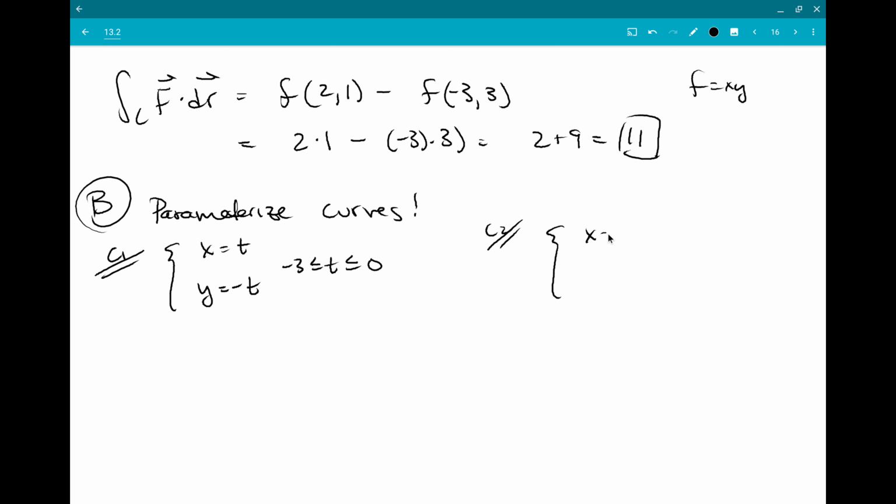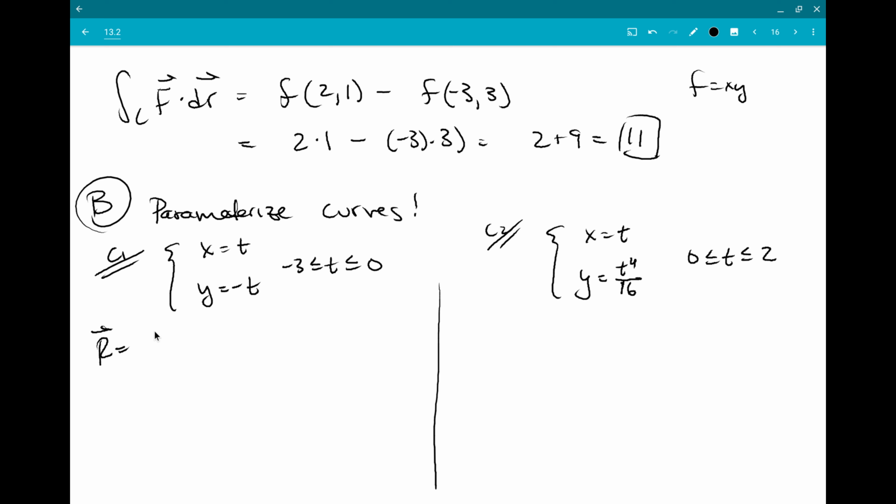And then x equal to t, y equal to t to the 4th over 16, that time for 0 less than or equal to t less than or equal to 2.